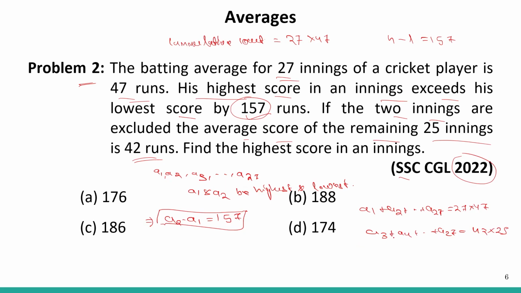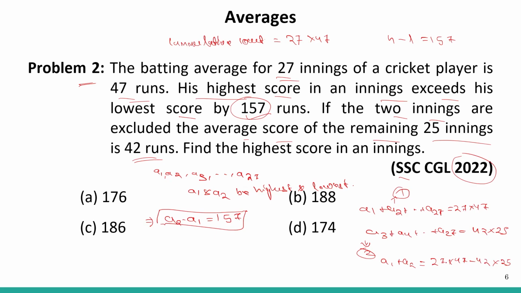So we can evaluate from here, by subtracting equation 2 from equation 1, A1 plus A2 is equal to 27 into 47 minus 42 into 25.